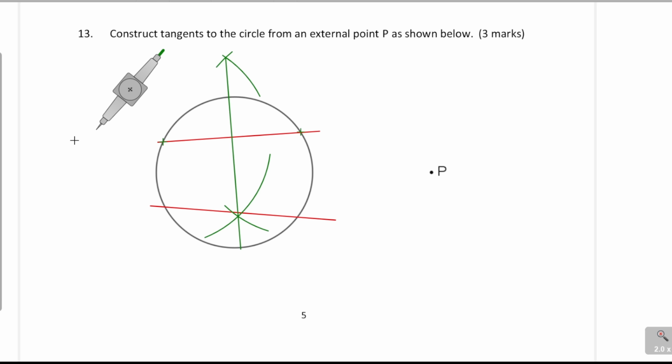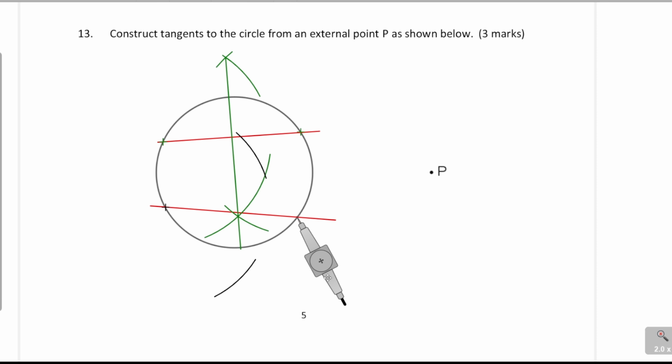That is the first chord. Then go to the other chord that you drew. The other chord is here. Construct the perpendicular bisector of that chord as well. So standing at that point, again, mark an arc there, and another one below there.